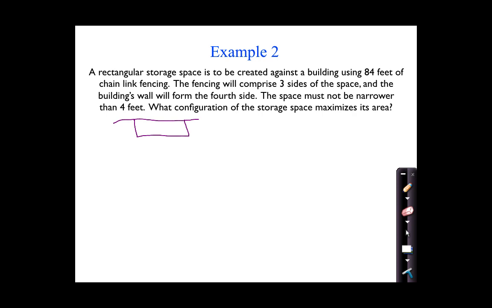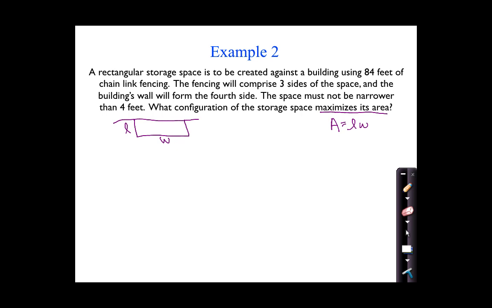I'm not going to leave some out. But just thinking about a way to start this, I'm trying to maximize my area. So eventually I'm going to want to write a formula for the area of this rectangle. I'll call it L and W. There we go. I'd like to maximize length times width.